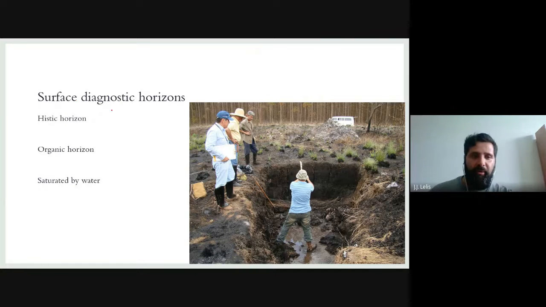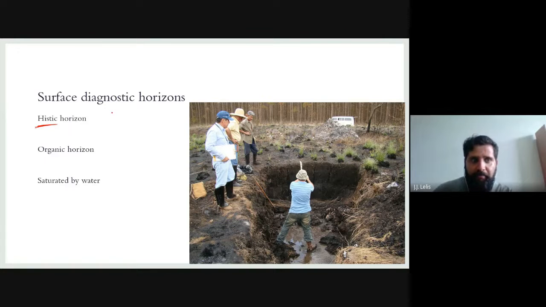In the folic horizon, the organic matter is formed and accumulated by the dry or cool climate. And here, in the histic horizon, the organic matter is accumulated by influence of water. They both are organic horizons, but they are formed in different conditions.